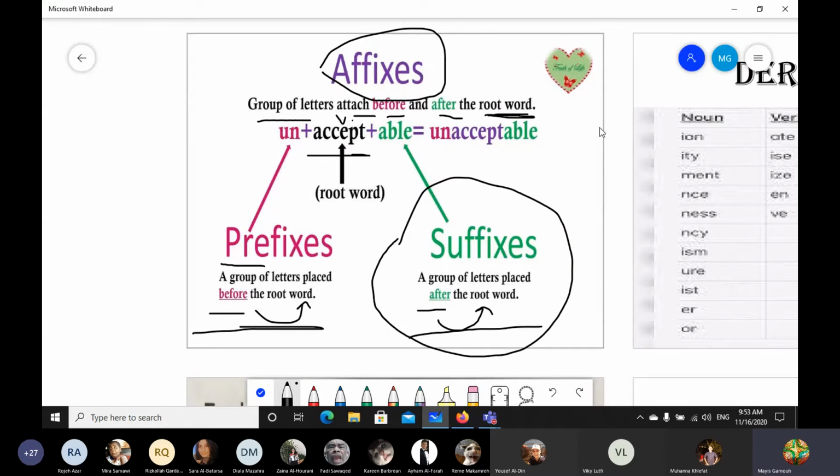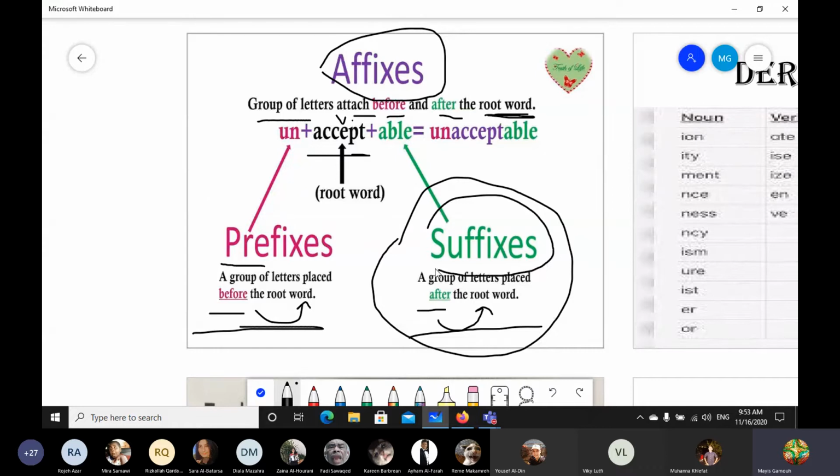So here we will be using suffixes in our lesson in order to change the parts of speech.